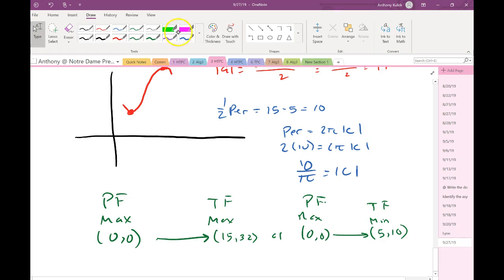If I choose to do the minimum, what other thing am I going to have to account for here? My a needs to be negative. If I'm going max to max, the a has to be positive.